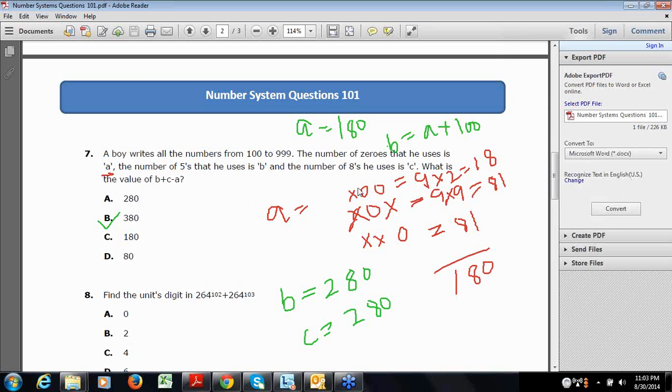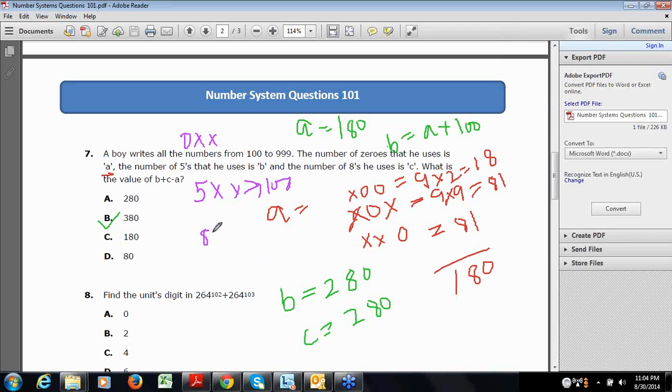So we have actually excluded only one condition where 0 can't occupy this position. So here if we occupy 5, so 5x, how many it will be? 100. So if you add 100 to this 180, you will get 280.